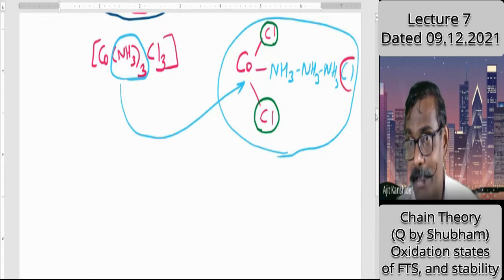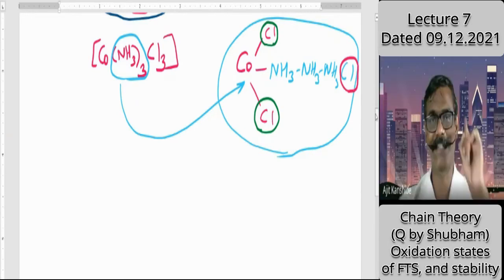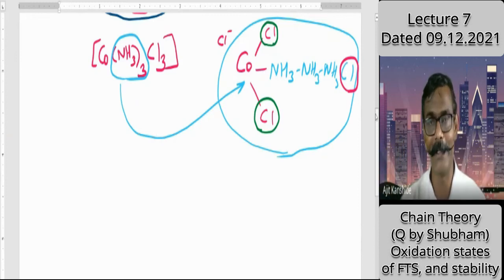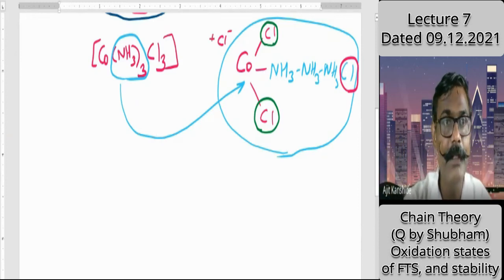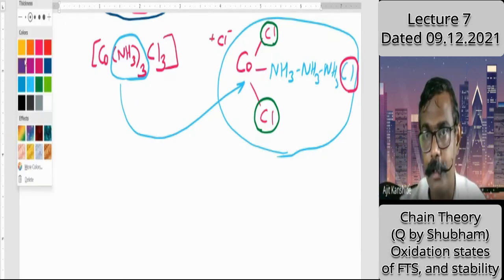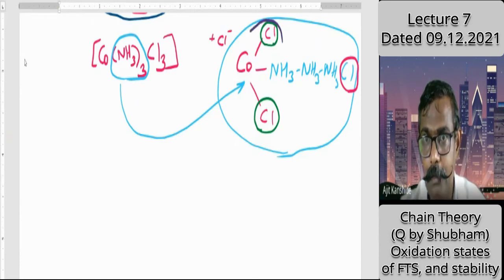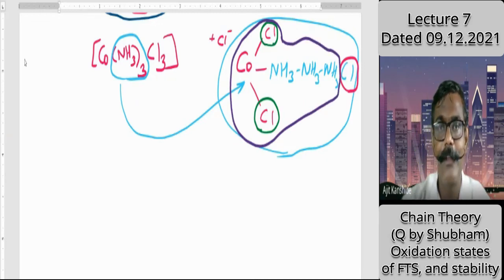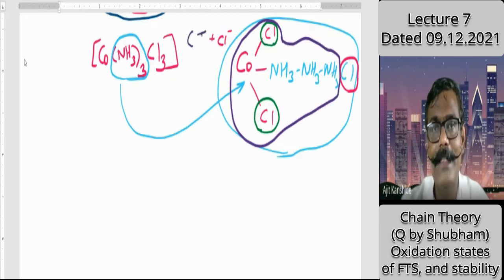Is this chloride ionizable? Yes, absolutely. So you will find 1 Cl minus, plus the remaining entities: this chloride, this cobalt, this chloride, and this ammonia. It includes the complex ion.